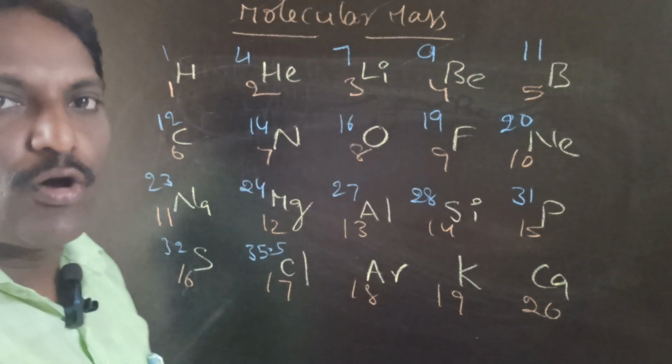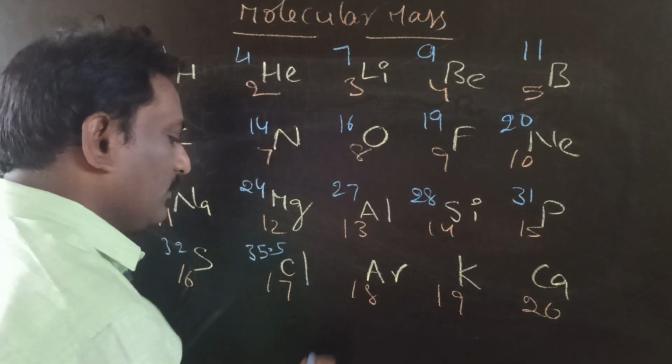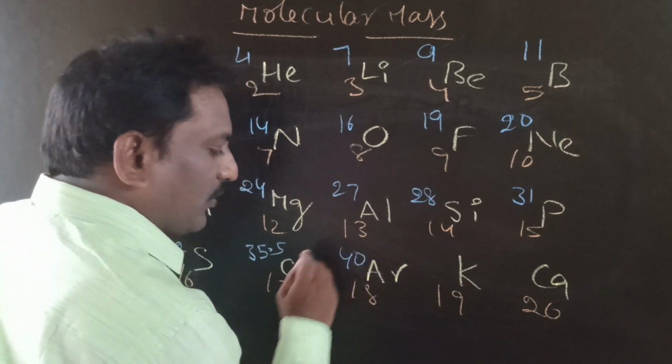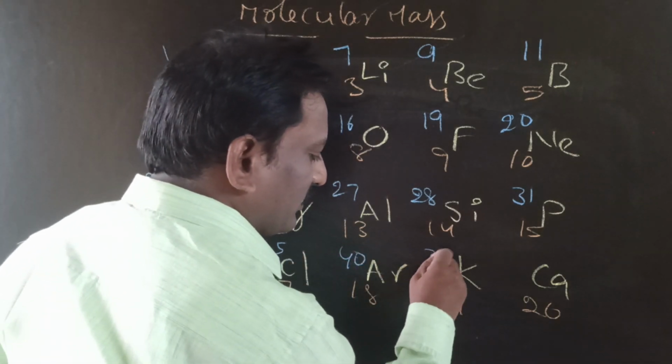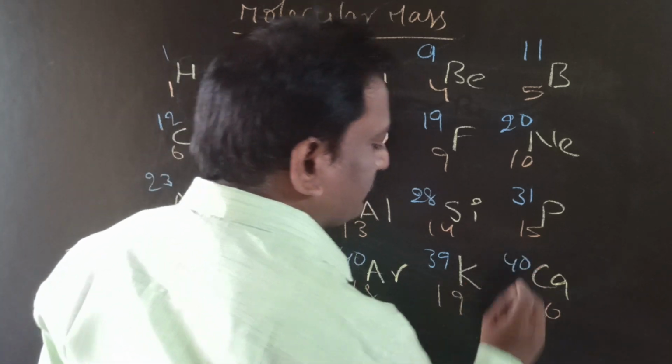This is the average atomic mass of chlorine. Next, argon 40, potassium 39, calcium 40.